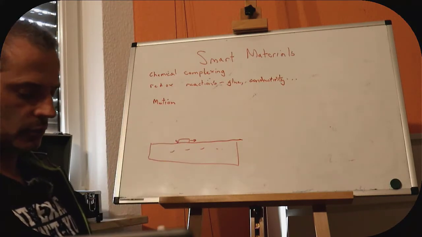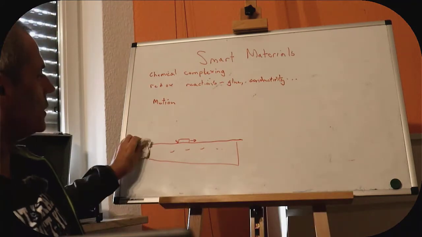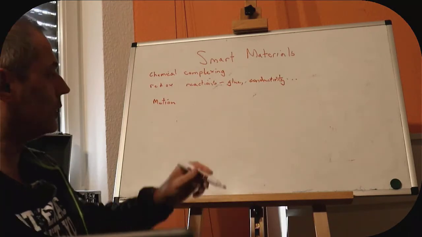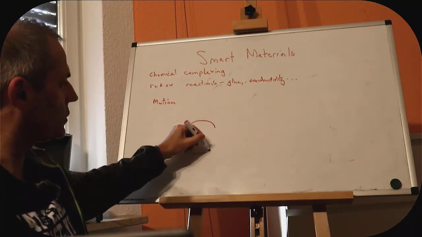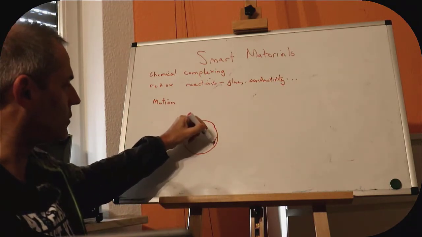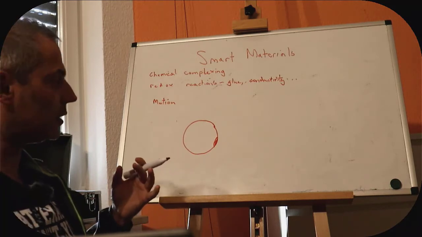But we can also do what other groups have done and generate motion in other ways. So a typical low-tech version would be if we take a bead and we have a piece of catalyst on one side, make it look a bit like an eyeball.